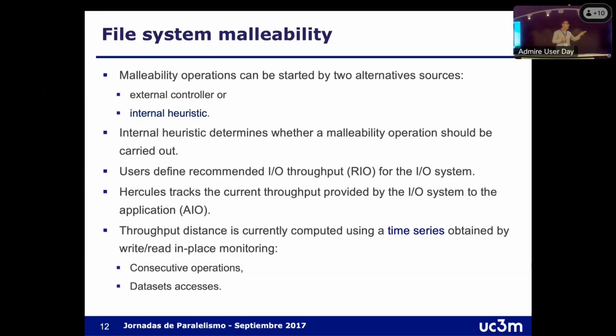Internally, in our prototype, we also have an internal control if we want to use it. That is, for example, in the case that we are losing performance in one or several nodes. In that case, we can decide to expand the nodes. But we can only do that if we are in detached mode, because basically we expand the servers. If we are in attached mode, we cannot do that, because expanding the file system would mean expanding the application, and that we cannot do.